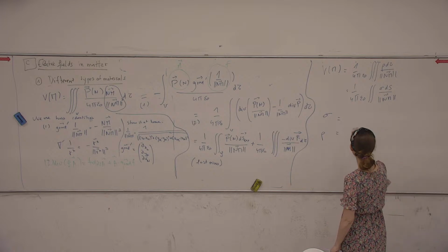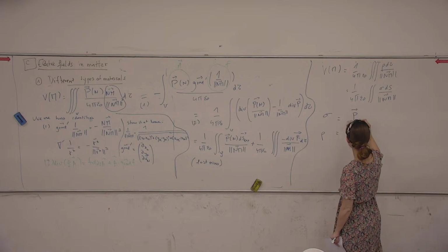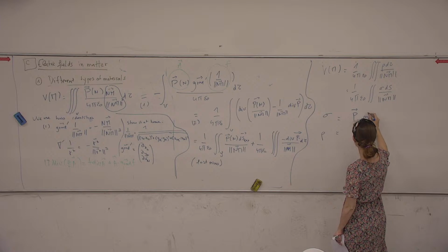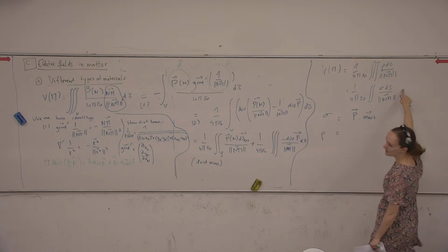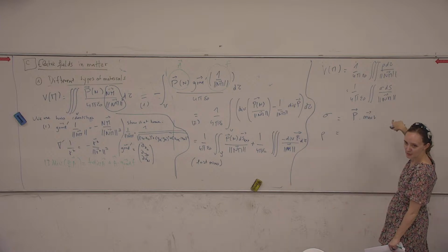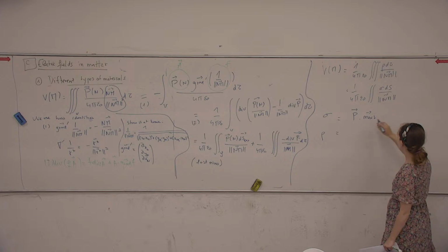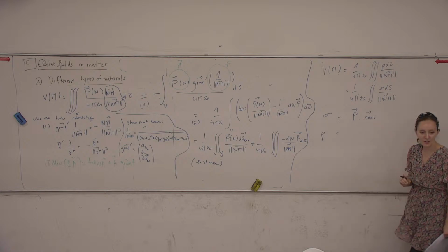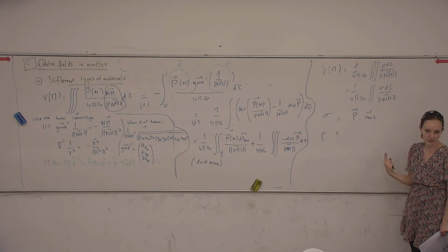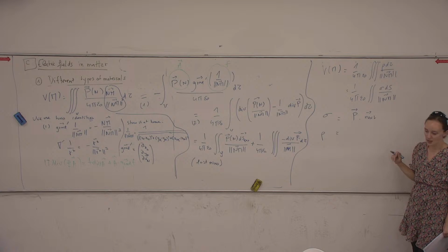So sigma_pol is P·n, right? Because I want n dS to be equal to dS vector. n is a unit vector pointing outside of the surface. You agree?